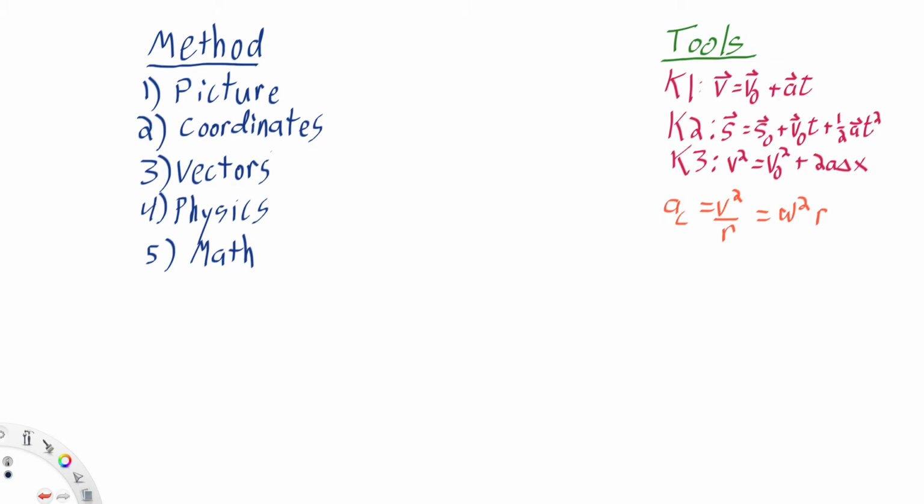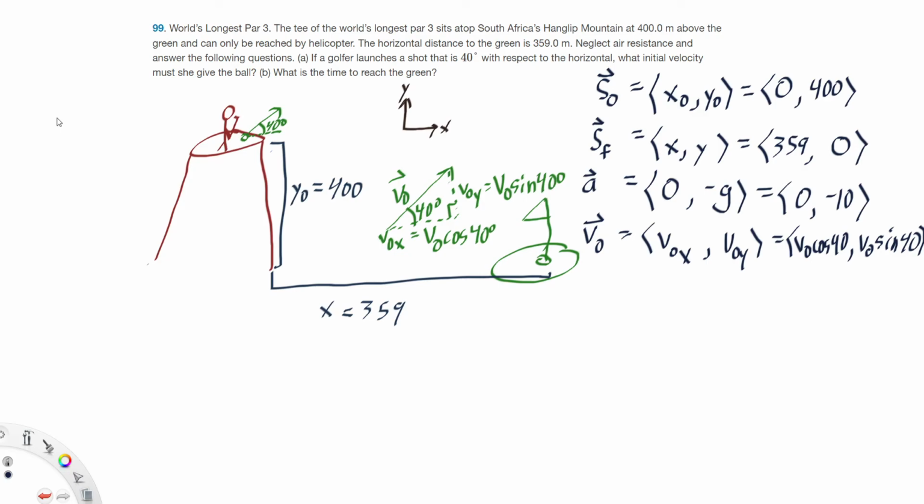No? Nothing? Josue, what do you think? We've only got 4 choices, so you've got a 1 in 4 chance of nailing it on the first try. K2, I agree. That's got everything we want. Right, initial position, final position, initial velocity, acceleration. Yeah, let's definitely pull that out to work on this problem.